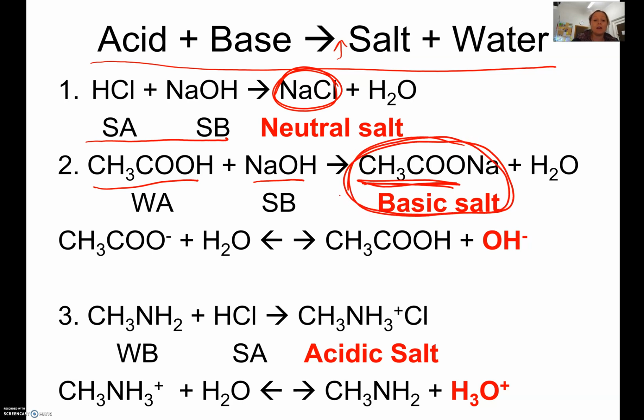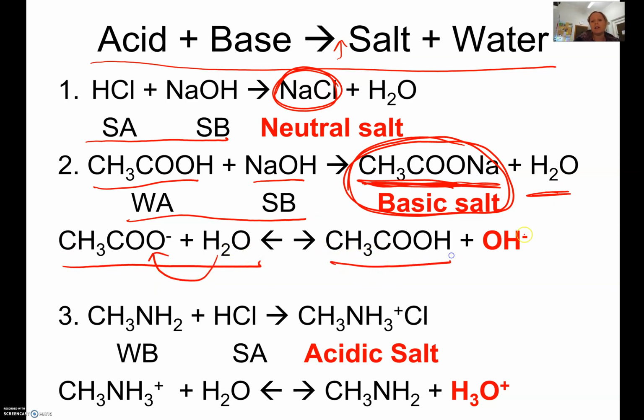The reason why it's basic is because this salt, if it reacts with water further, the base accepts a proton from water and you end up producing hydroxide ions. So the result, instead of a neutral salt in water, would end up slightly basic, because of these hydroxide ions.